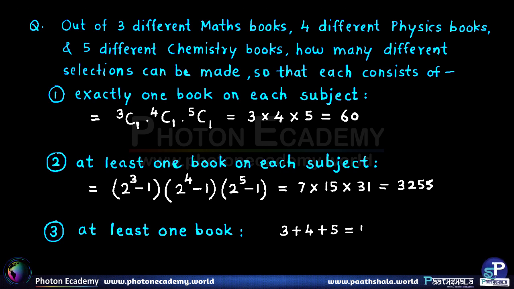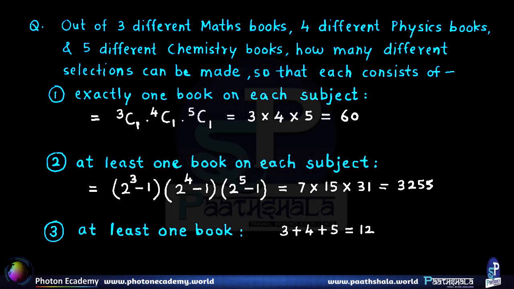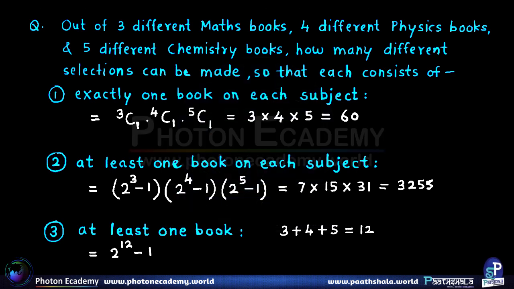So we are not having any difference between the subjects. So therefore to select at least one book out of these 12 books, that can be given by 2 raised to 12 minus 1. So these are the number of ways to select at least one book in general.